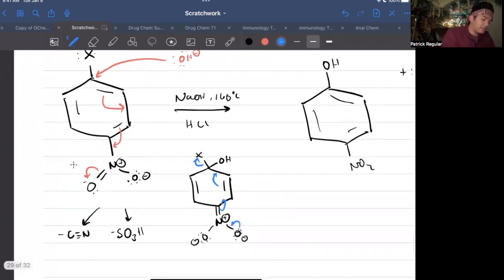And that will form this. That's the mechanism.